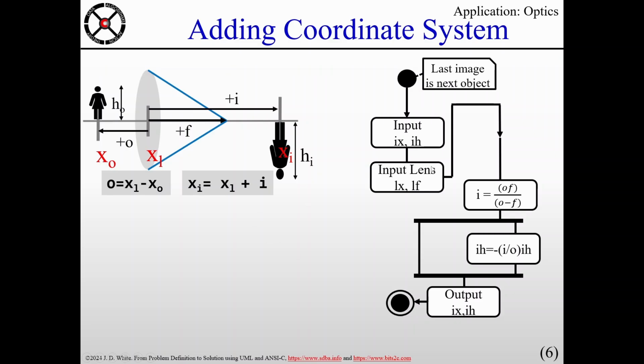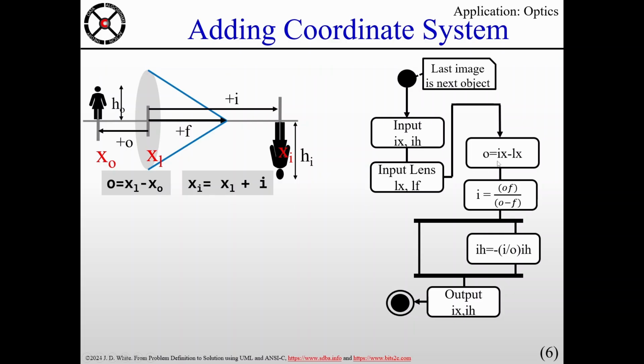So I'm going to have to add a few more steps now. I'm going to have to add a function to calculate O, which equals X lens minus X object, or X object minus X lens. Okay?